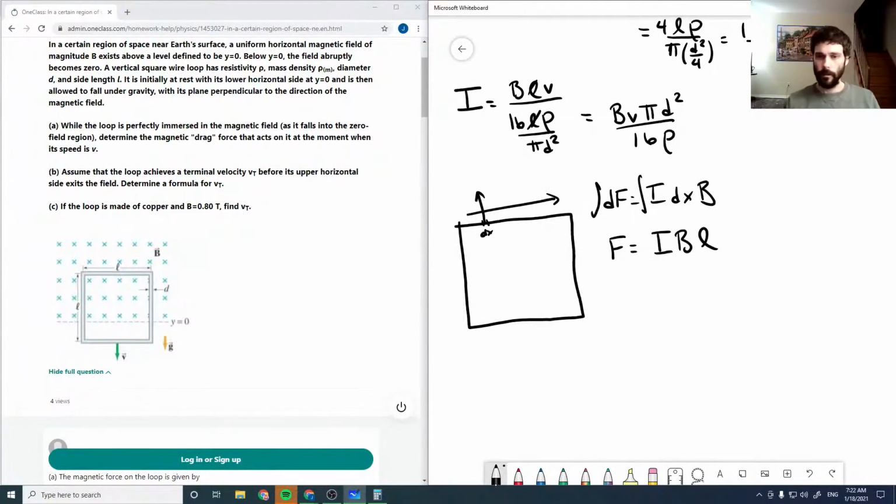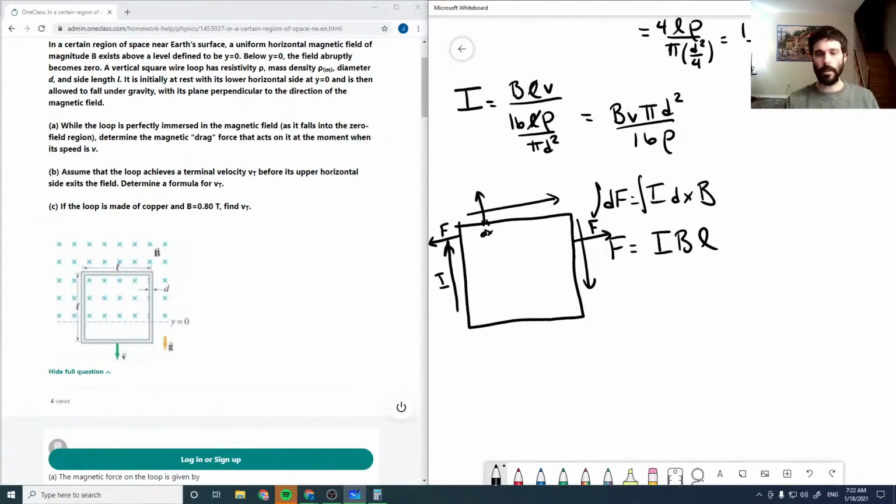If we look at this length here, our current is going down. We use our right-hand rule, so the force will be outward this way. So we do have a force in that direction, but it's perpendicular. And if we look at this side where our current is flowing this way and use our right-hand rule, we'll see that the force is going in the opposite direction.